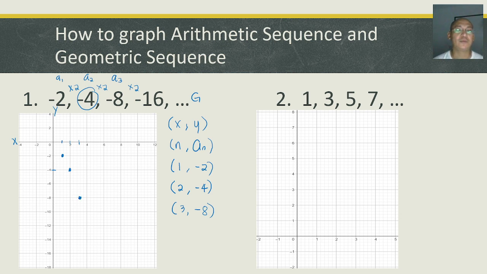Then how about 4? If x is equal to 4, or n is equal to 4, we have a sub 4. What is that a sub 4? That is negative 16. So we have here negative 16.